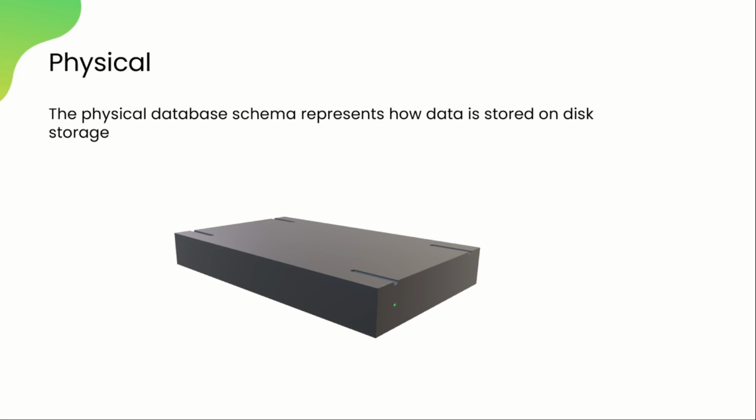Say for example, we have data of 10 kilobytes. The physical schema will tell where this 10 kilobytes of data will be stored, what its memory location will be, and how it can be accessed later on when we require it.